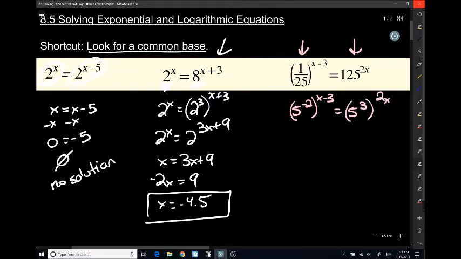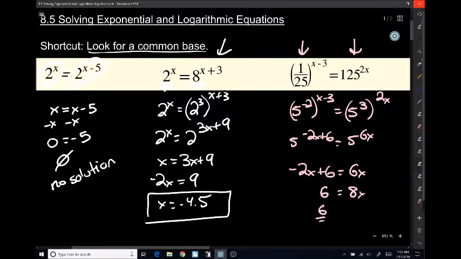So now I've got a common base of 5. So I'm going to have 5 to the negative 2x plus 6 equals 5 to the 6x. I can drop my bases once I've got the common base, and I just solve this. 6 over 8, which is 3 over 4, equals x. So that's solving the common base.